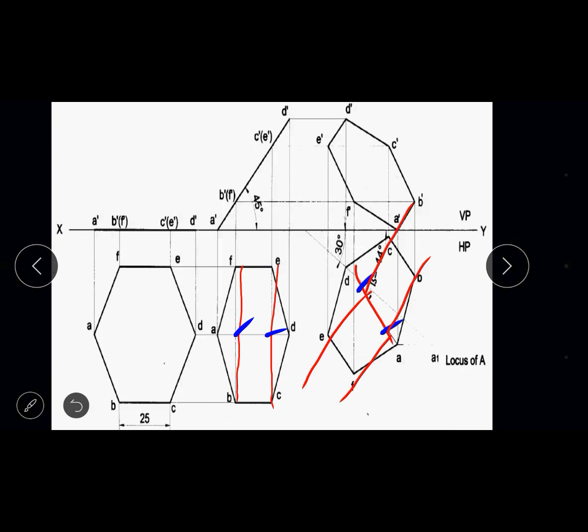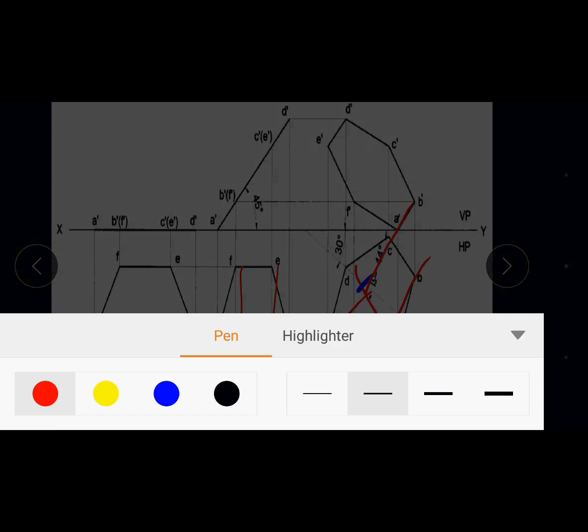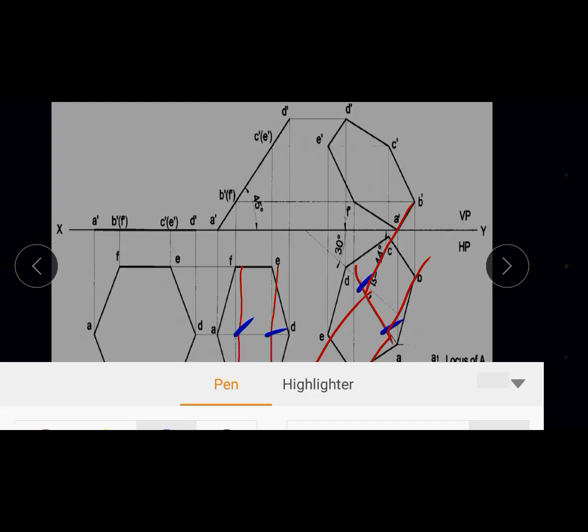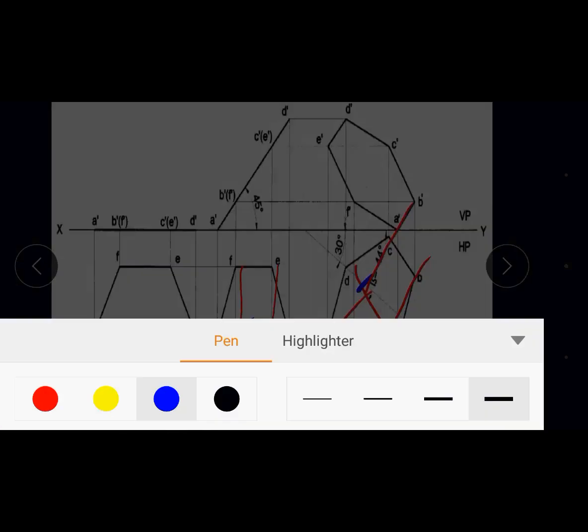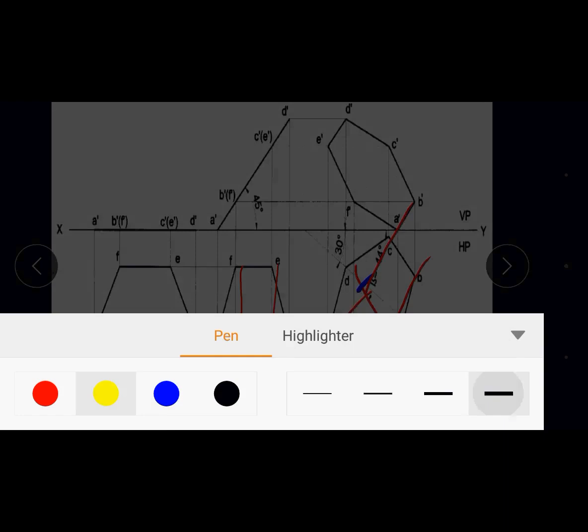Then after that, take your compass. Measure the distance from the first blue point to the upper corner E. Let me use yellow color.